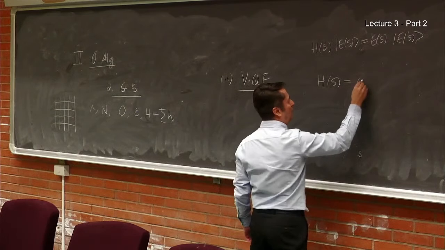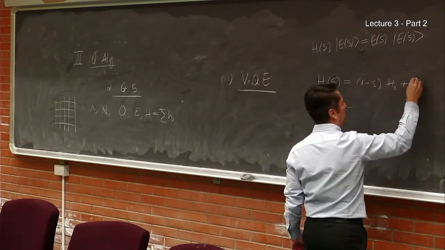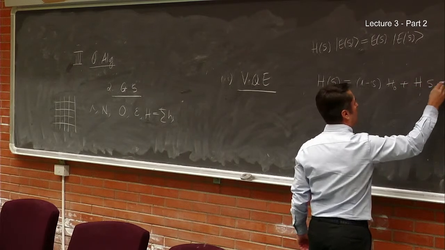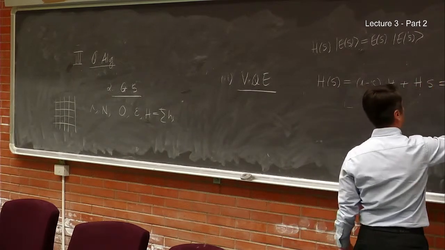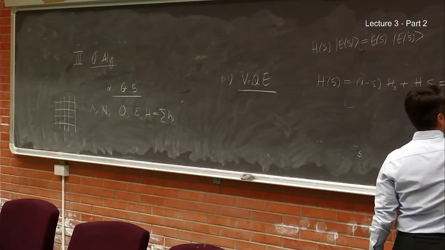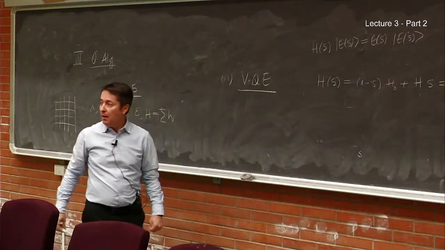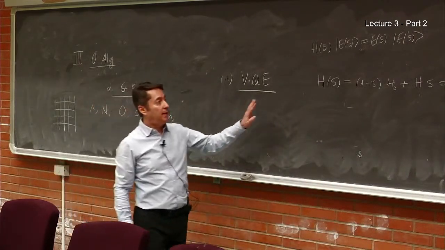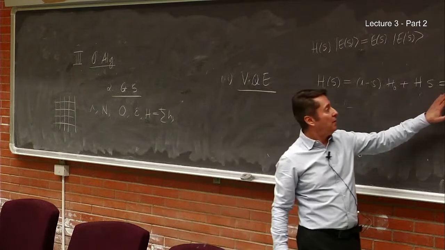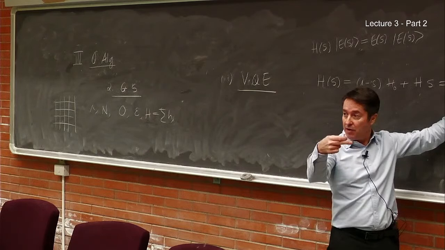which was 1 minus s times h0 plus h times s, and then you can write this like h0 plus s times (h minus h0). And now, with the adiabatic algorithm, what we do is evolve with respect to this Hamiltonian with this s changing as a function of time.